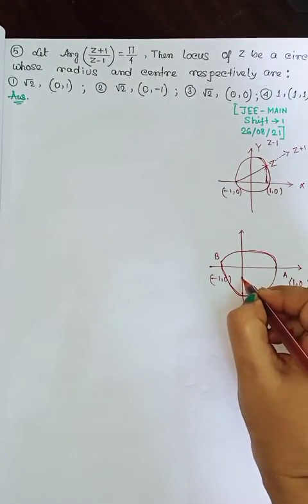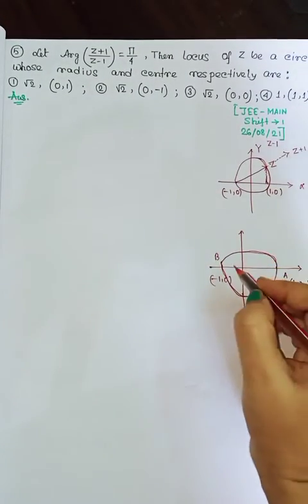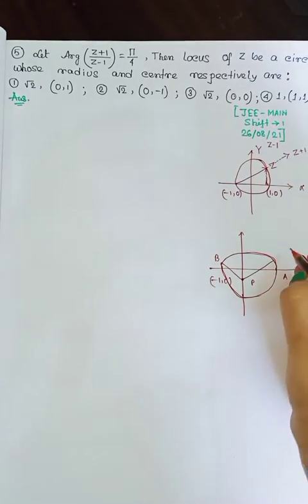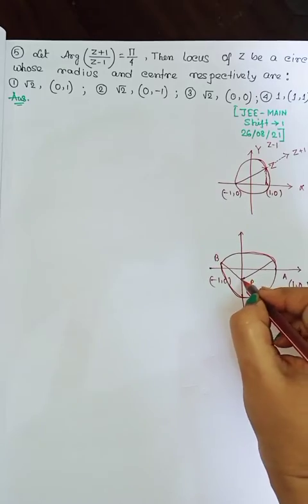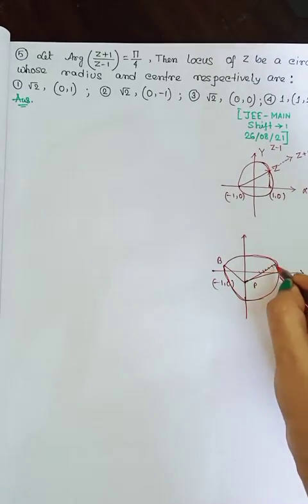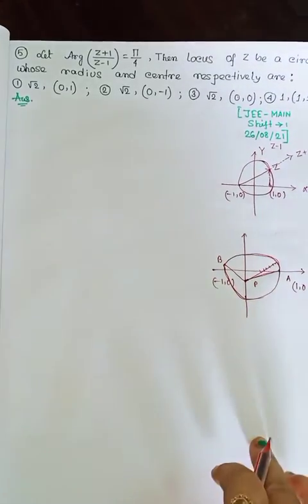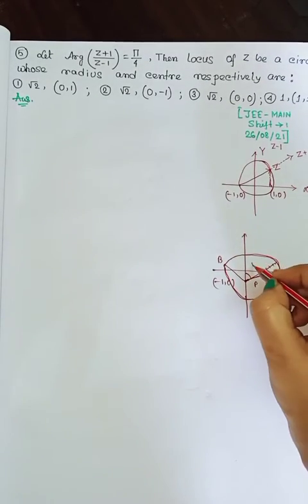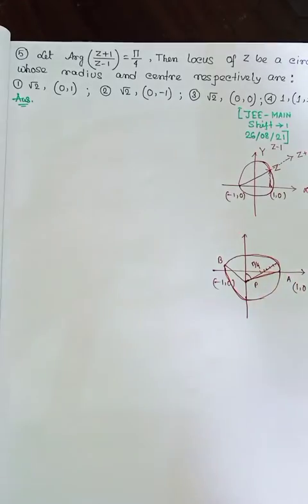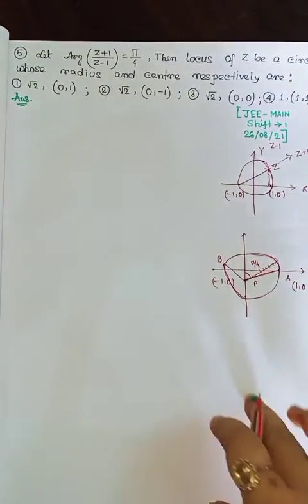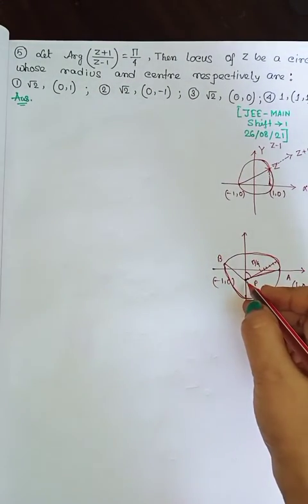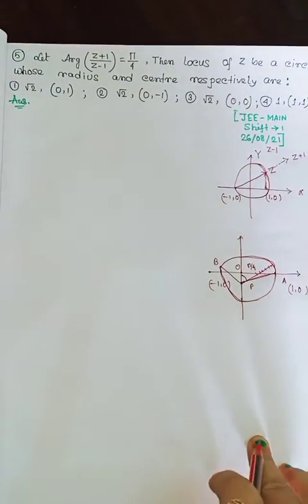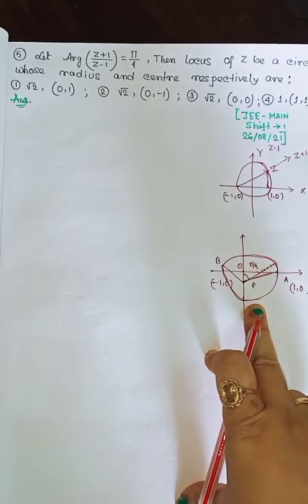Now this is the center of the circle P. Now join the point B to P and B to A. This angle is pi by 4, satisfied, and here is the point P, and suppose this is the origin O.